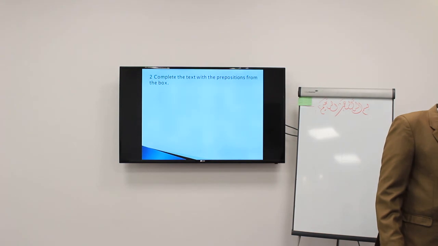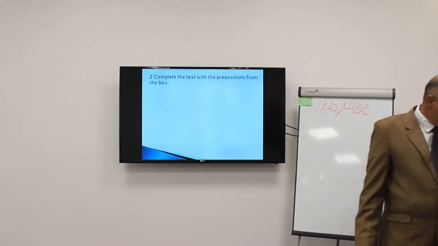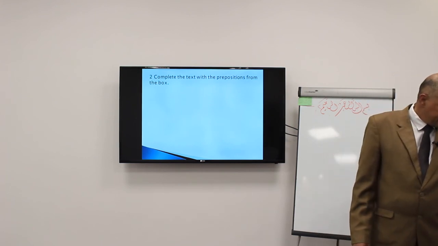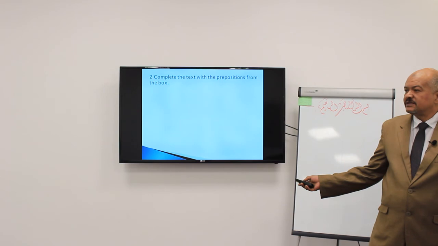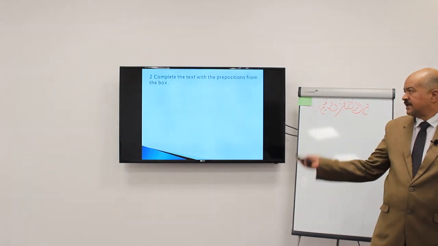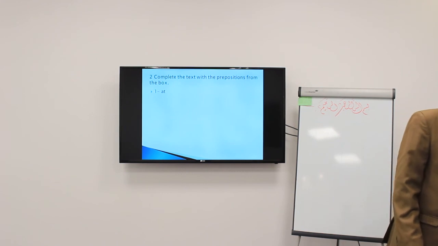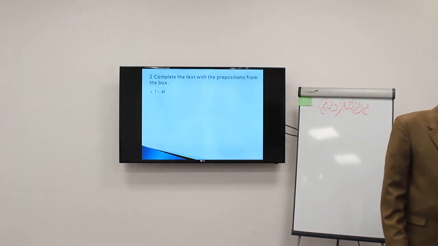Wildfires can move dash speeds over 20 kilometers an hour. So which preposition is suitable for number one? Okay, have you chosen it? Have you selected? Okay, number one, at. So I think I usually help with the first 3 or 4 ones. They burn everything dash their path.